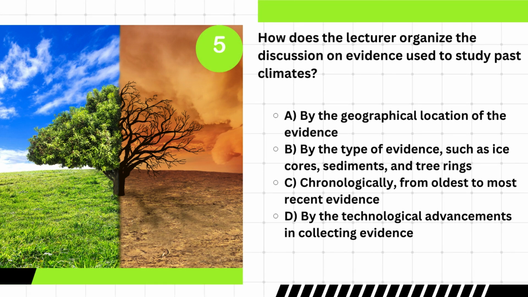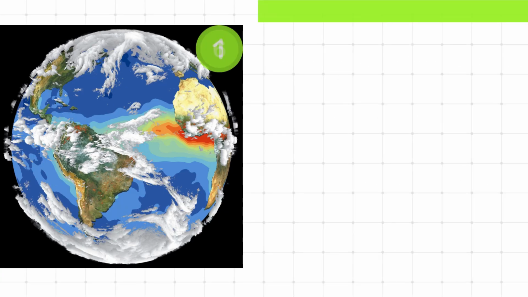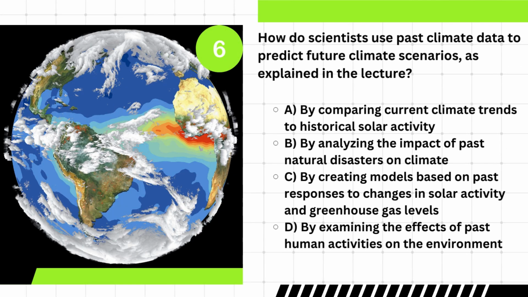How does the lecturer organize the discussion on evidence used to study past climates? Six. How do scientists use past climate data to predict future climate scenarios, as explained in the lecture?